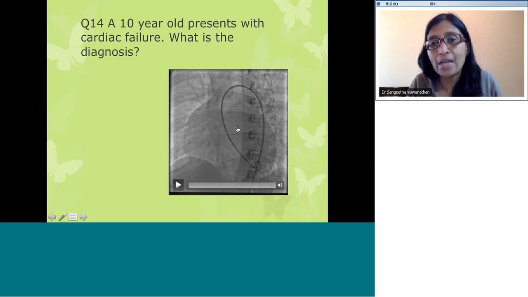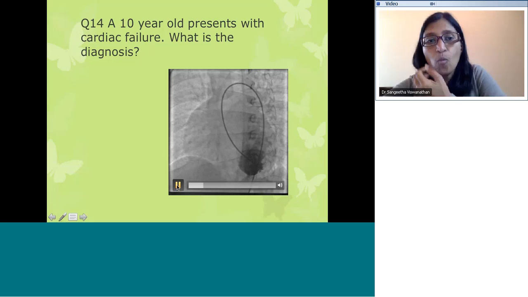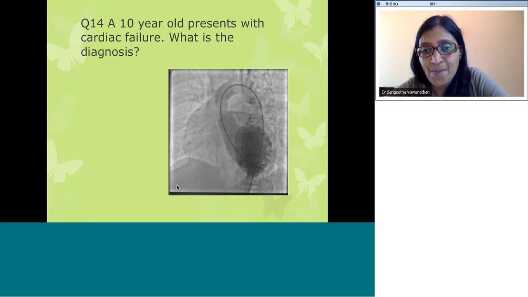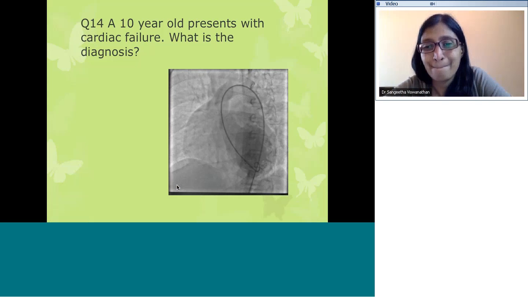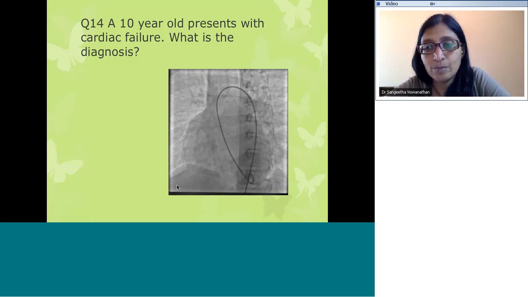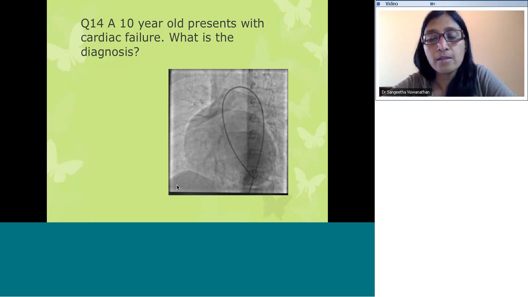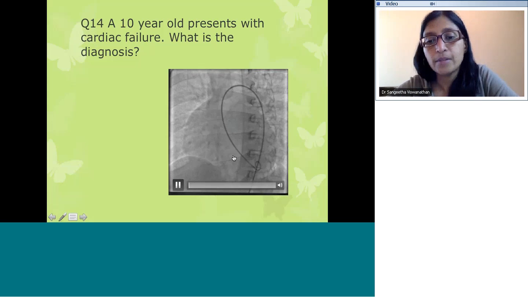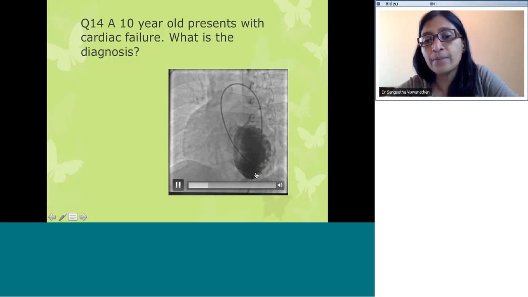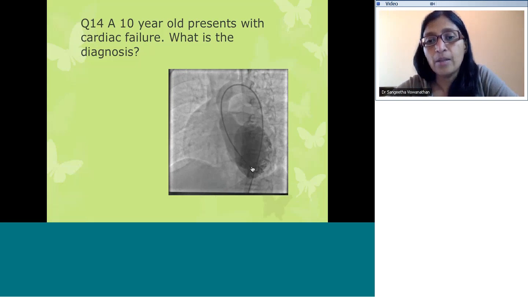Okay. So this is a 10-year-old who presents with cardiac failure. What is the diagnosis? Any answers? Keep watching. So what is this angiogram? It's an angiogram with the pigtail in the LV in LAO view.